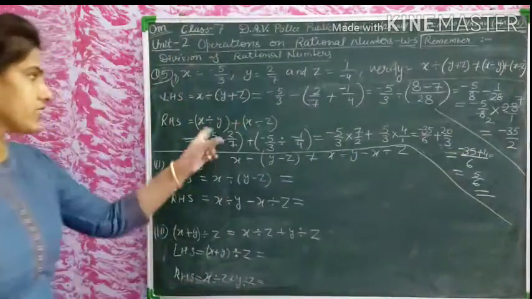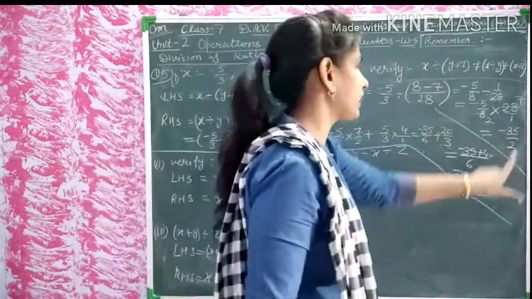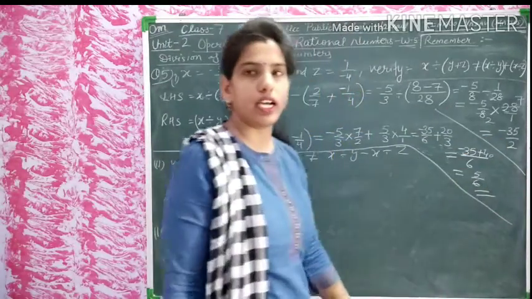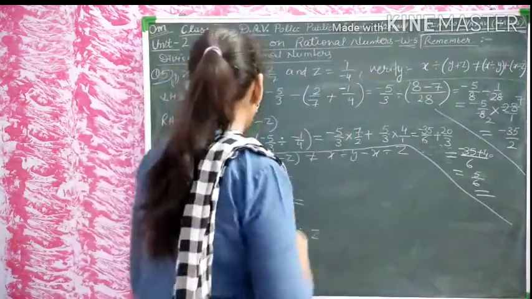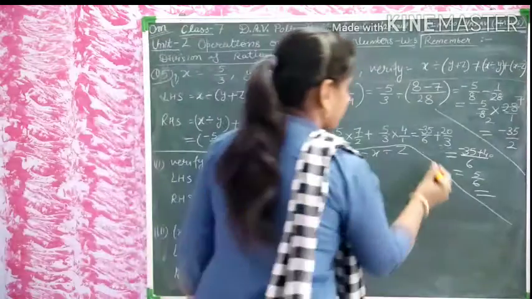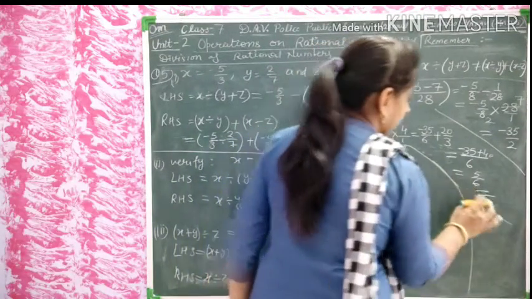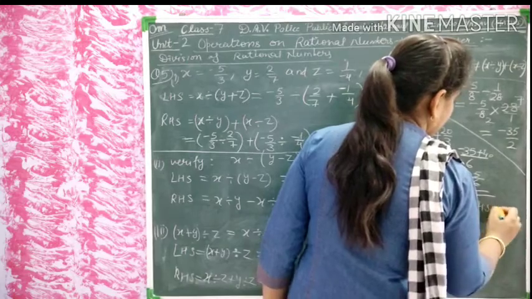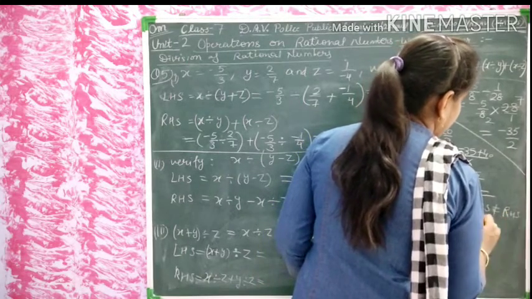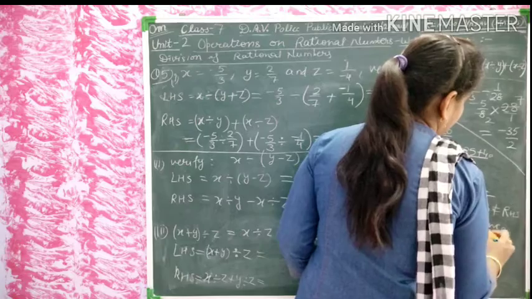This is RHS and this is LHS, and both are not equal. LHS is not equal to RHS, hence verified.